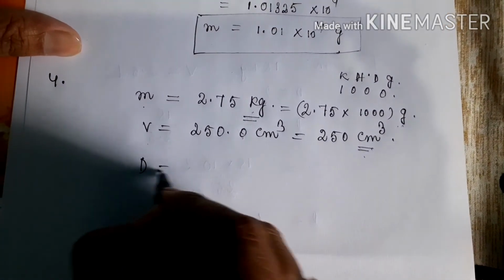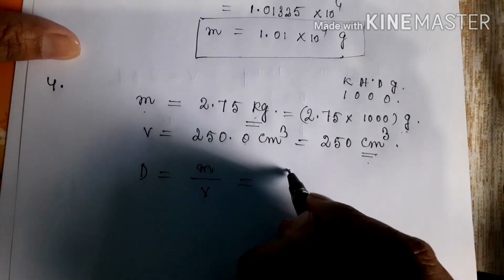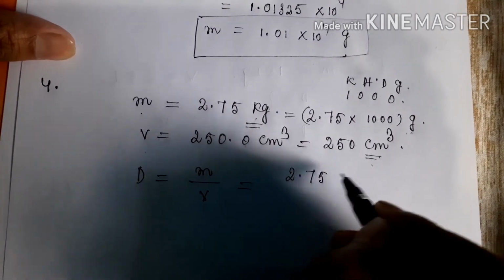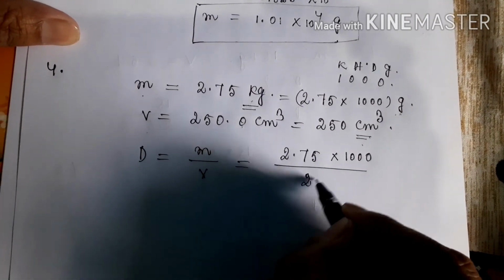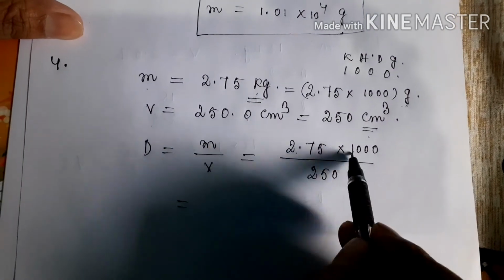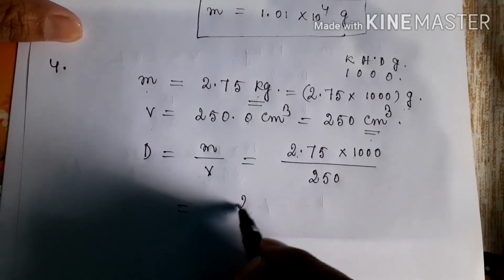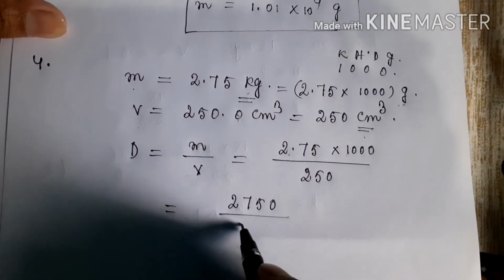So density is equal to how much? Density is mass by volume. Mass is already given, 2.75 into 1000 divided by 250. Multiplying these, 2750 will come, divided by 250.